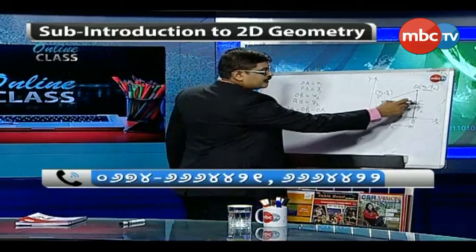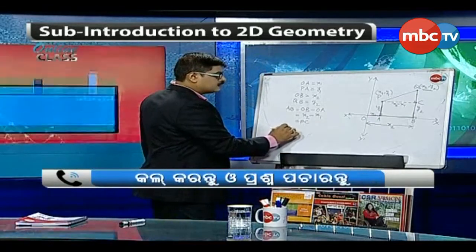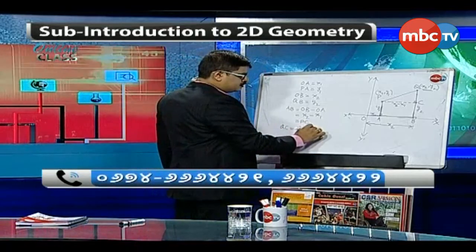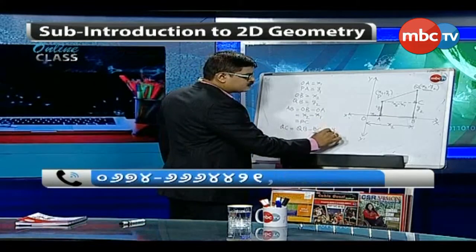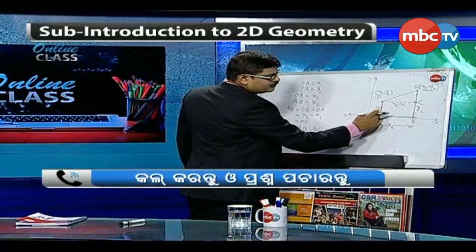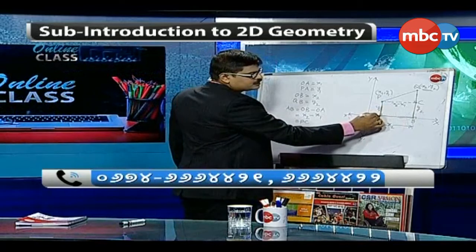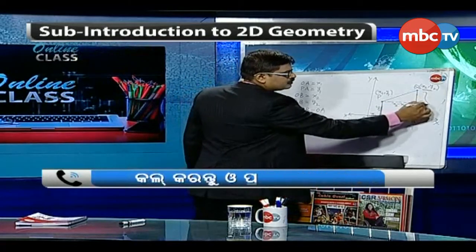Now we will calculate this QC. QC is equal to QB minus BC, and QB, the total length, is y2. BC, as this is a parallelogram APCB, if PA is y1 unit, then CB is again y1 unit.